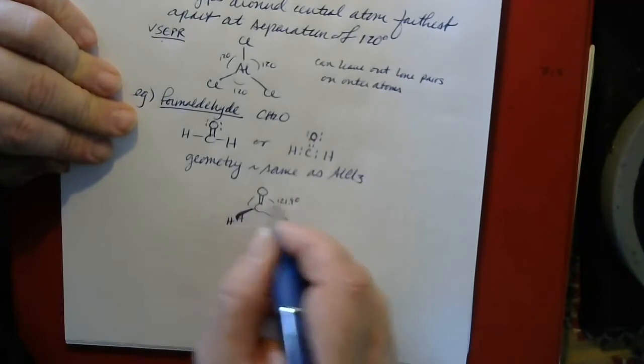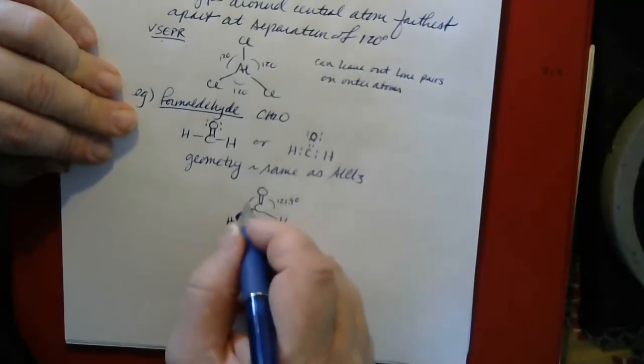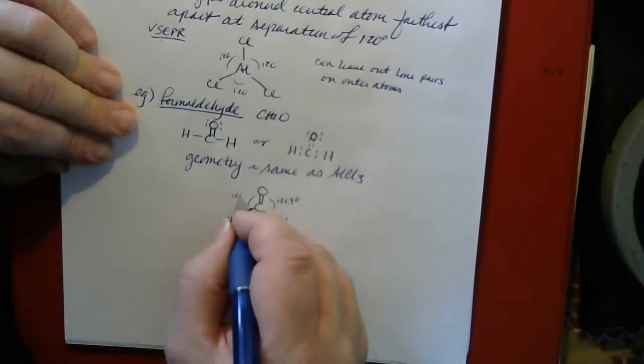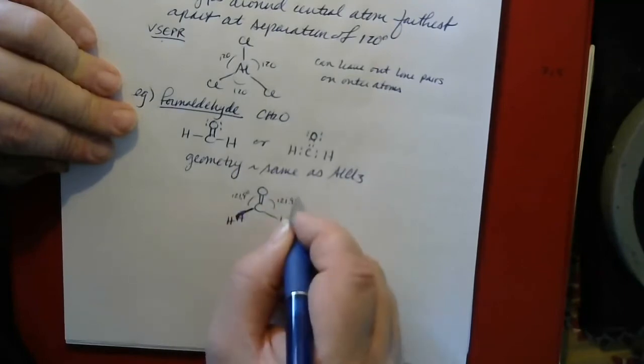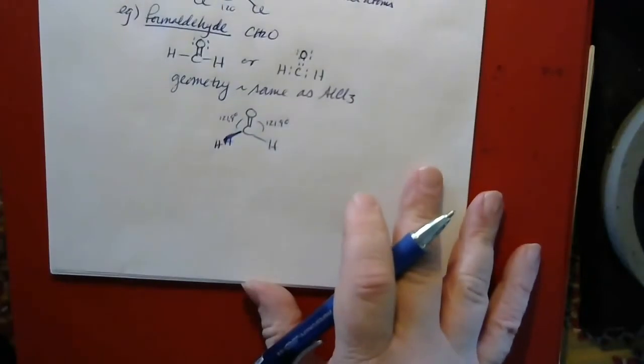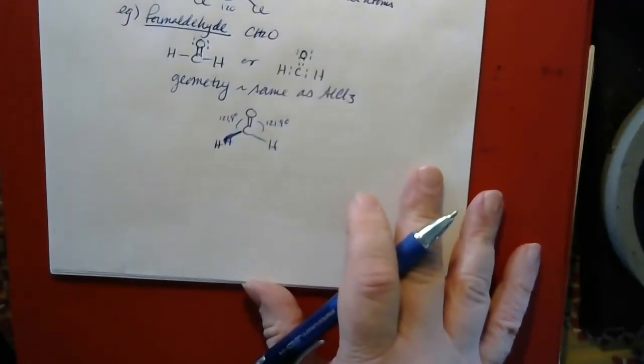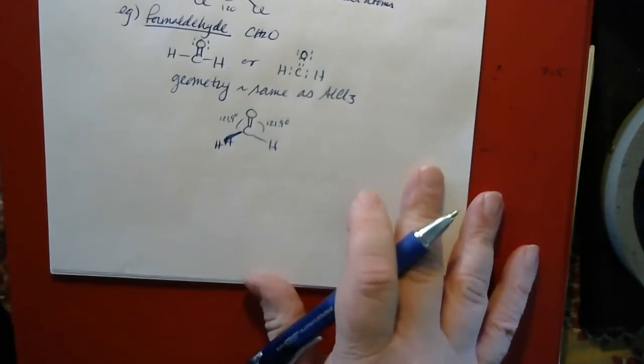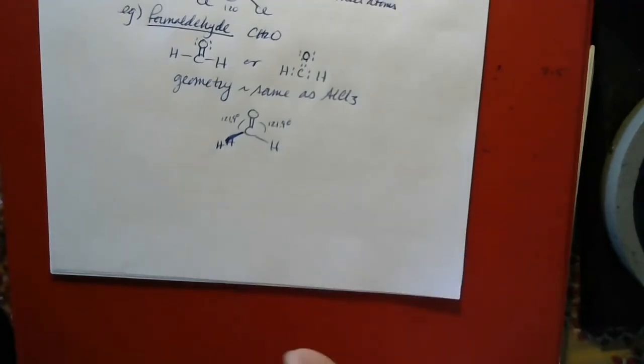The angle between the oxygen and the hydrogens is actually 121.9, a little bigger than you'd expect for a trigonal planar structure, because, like I said, the double bond doesn't take up very much more space than a single bond, but it does take up a little more.